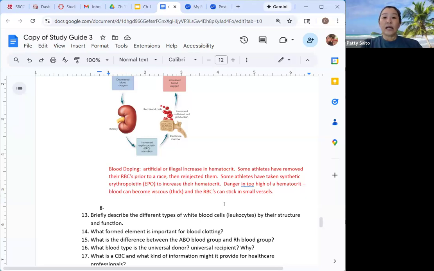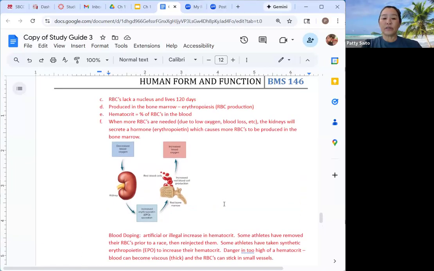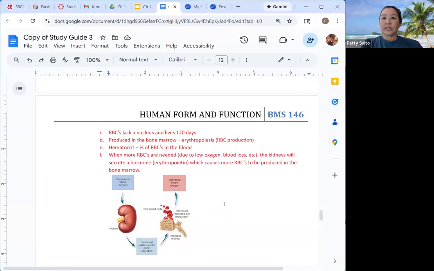First, let's talk about natural conditioning. People who know this information go, well, if I train at a high altitude, then I can produce a little bit more red blood cells.